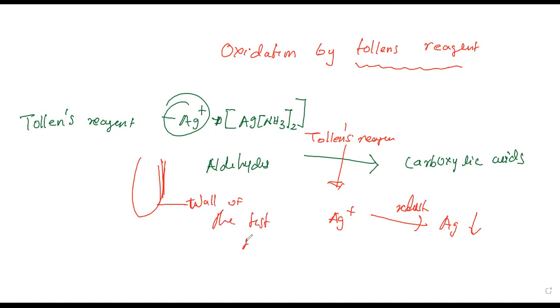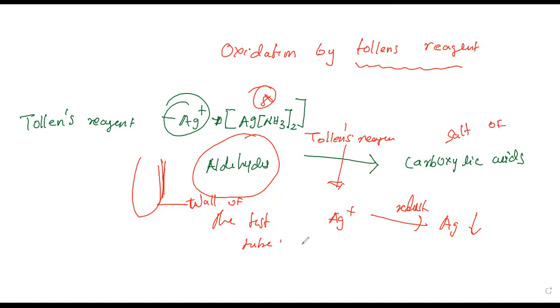Did you all understand? If you see the video, it will be a little bit clearer. Again, I'm just telling you, your Tollens reagent is containing what? The Ag plus ion in the form of this complex. When the aldehyde is subjected to the Tollens reagent, it's oxidized to carboxylic acid, or you can say the salt of the carboxylic acid.